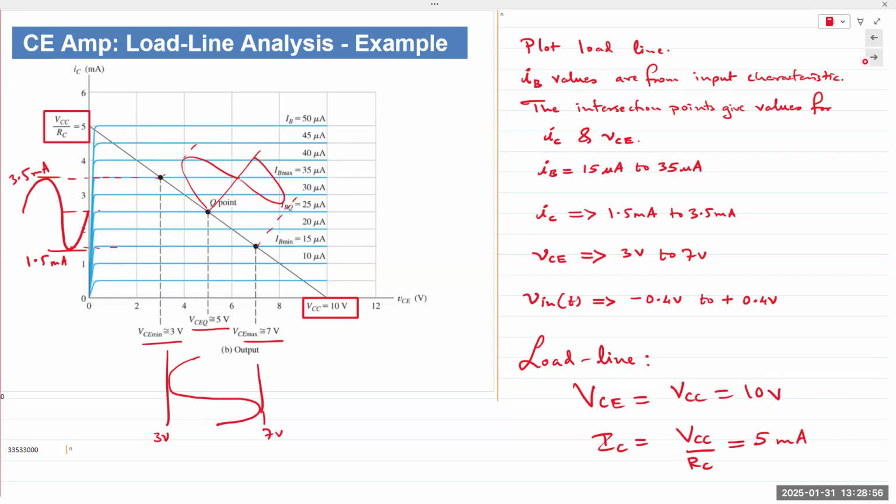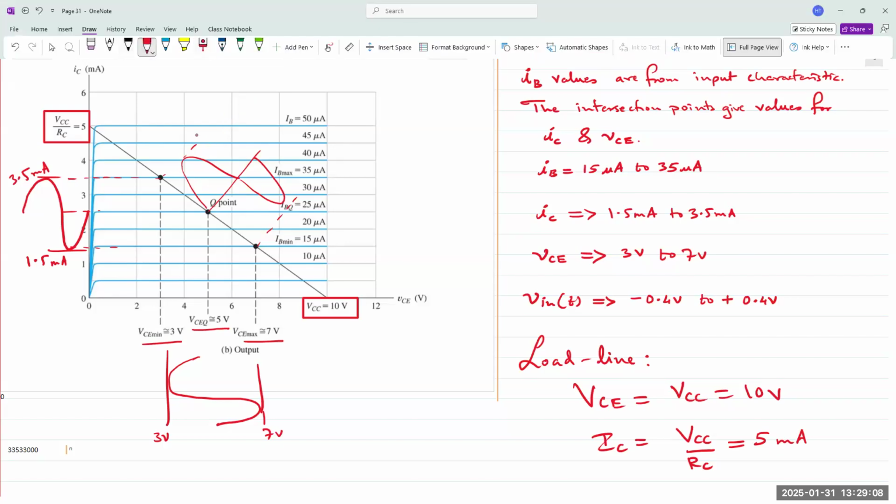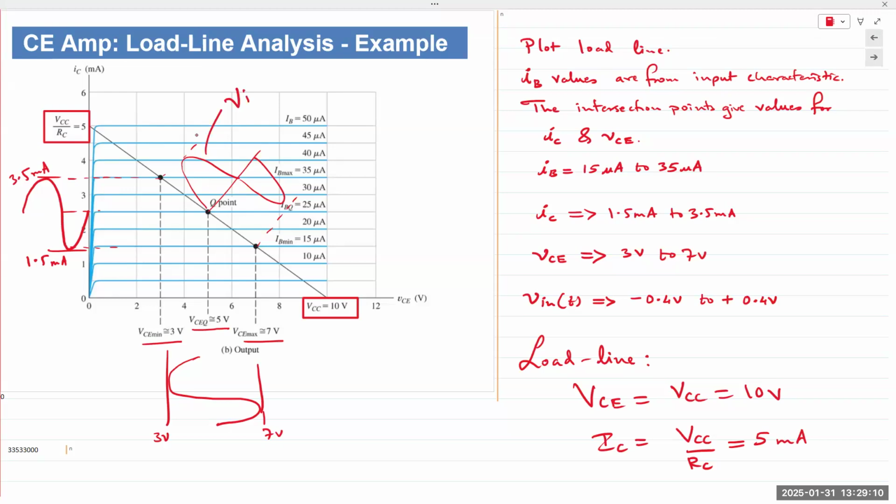All right, so how do we interpret this? Let's look at our V in. This is V in of T. It only goes from minus 0.4 to plus 0.4. Obviously, this is not to scale.